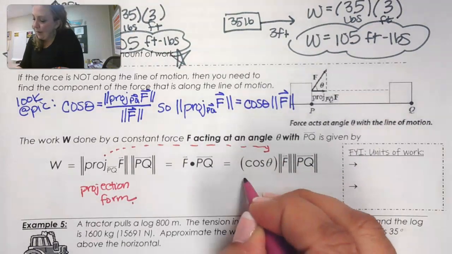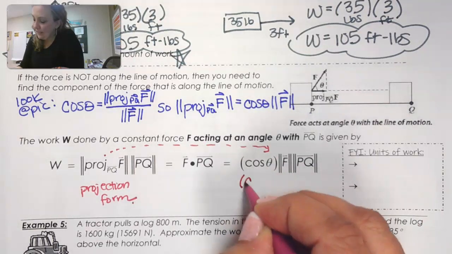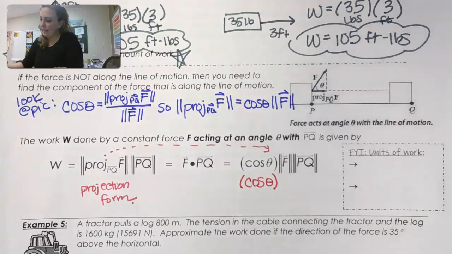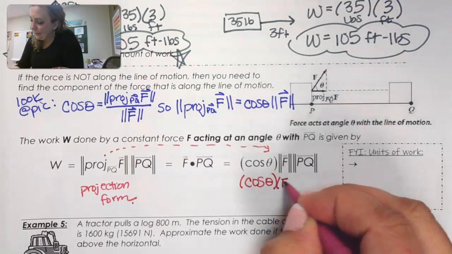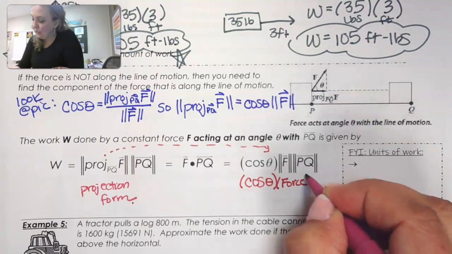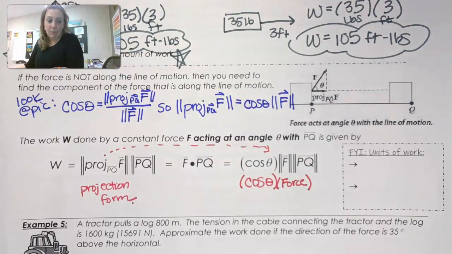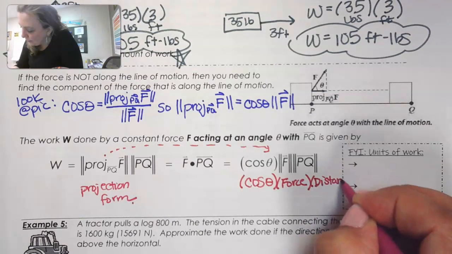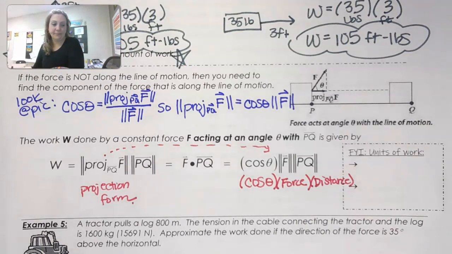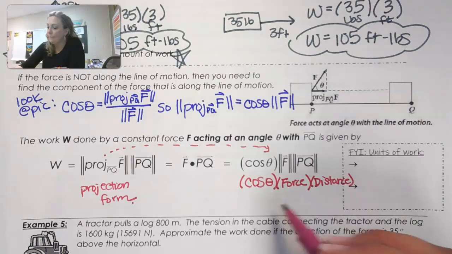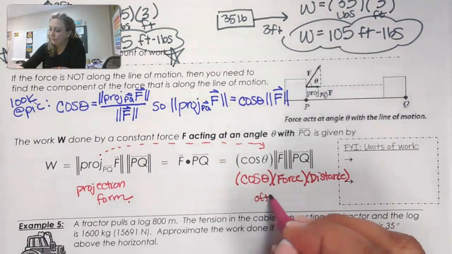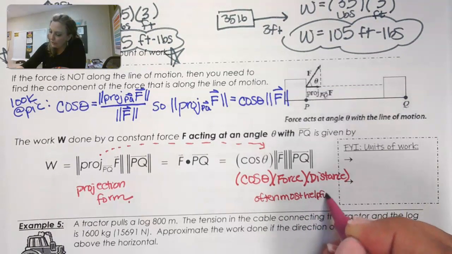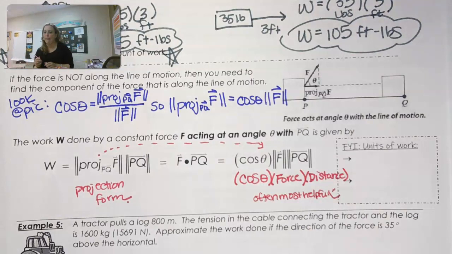And so when I often think of this, I'll usually have the cosine of theta, which is the direction I'm dealing with, and then the magnitude is going to be basically the force, and then the magnitude of PQ is going to be like our distance. This is often the most helpful, like in our story problems and stuff like that.